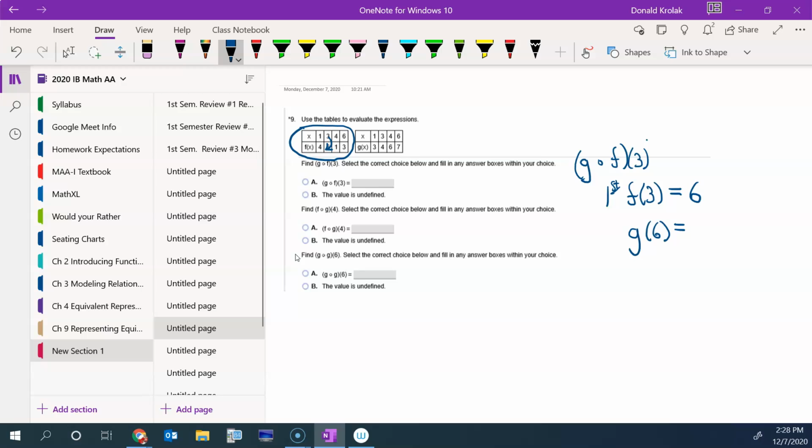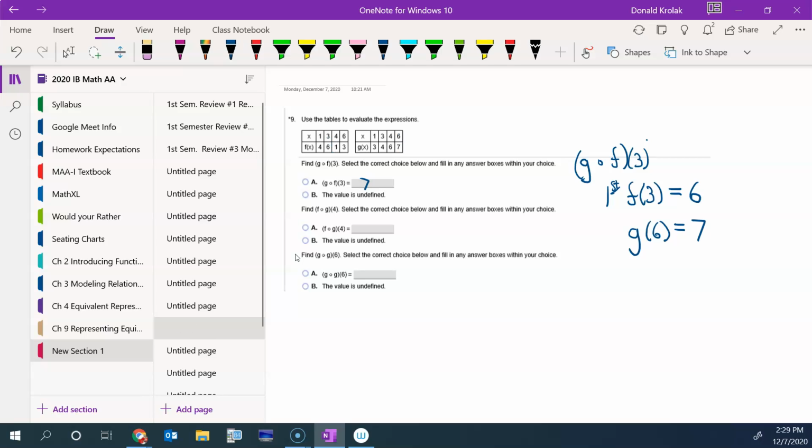So when x is a 6, out comes a 7. So I started over on my f. I found f of 3. My output was 6. That output became the input in g and gives me a 7.